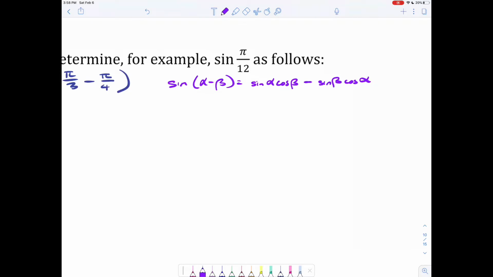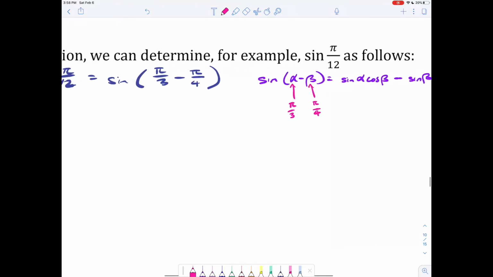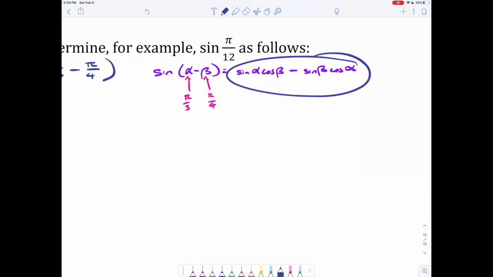We're going to use that, but instead of alpha, we will have pi over 3. And instead of beta, we will have pi over 4, because that's the case we're dealing with right over here. In that case, what this thing is equal to will be what we see over here, with all the alphas replaced by pi over 3s, with all the betas replaced by pi over 4s.